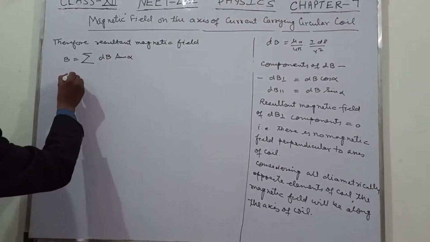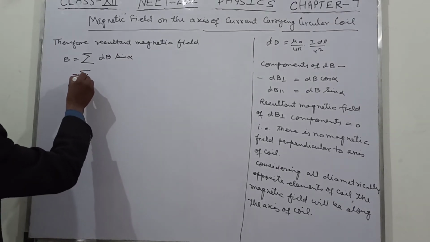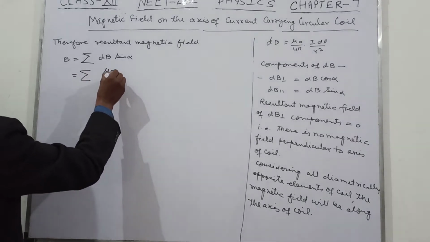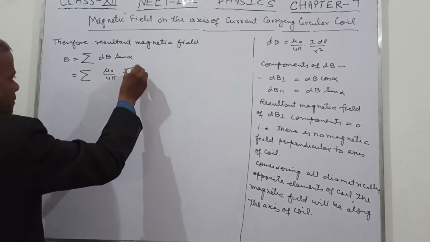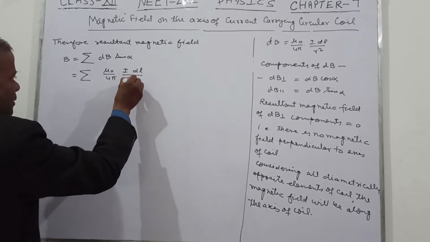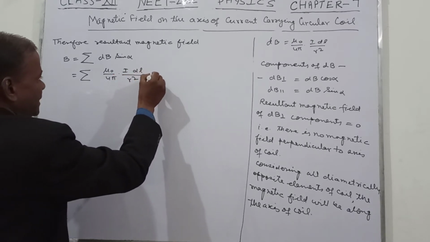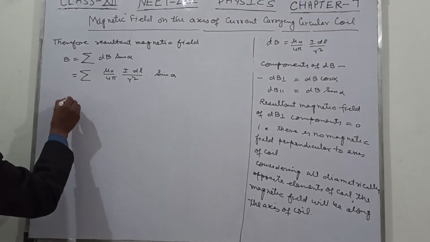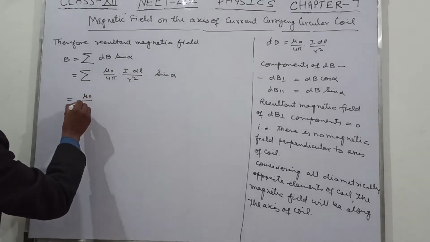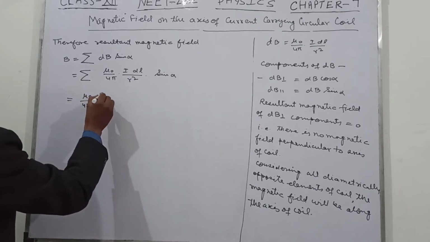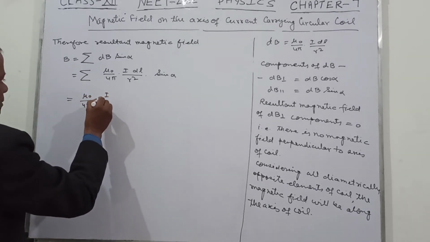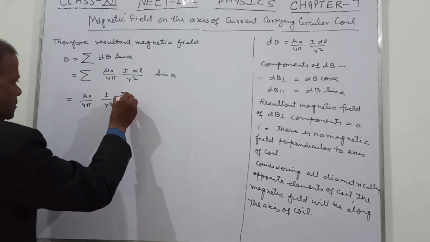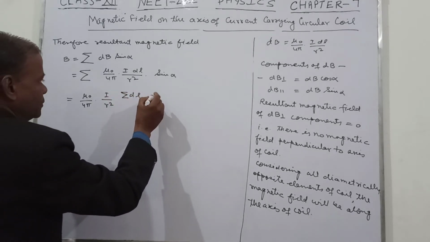So this is equal to the sum of mu naught upon 4 pi into I dl upon r square into sin alpha. And this is mu naught upon 4 pi into I upon r square, summation dl into sin alpha.